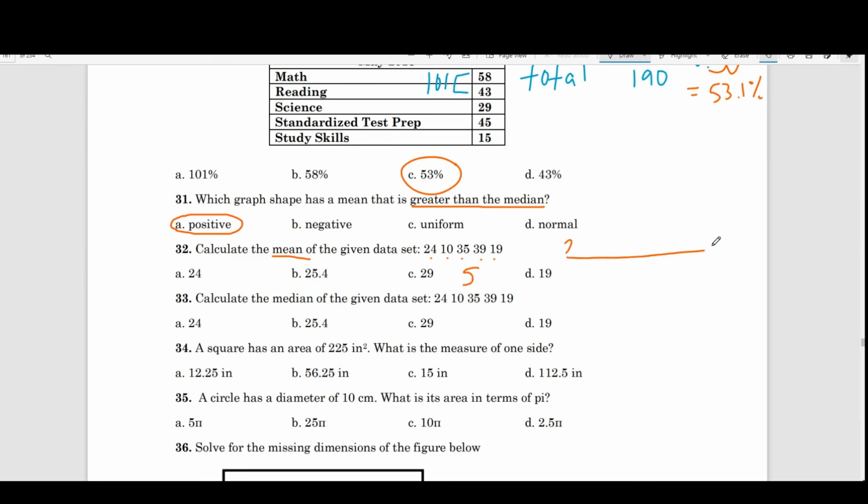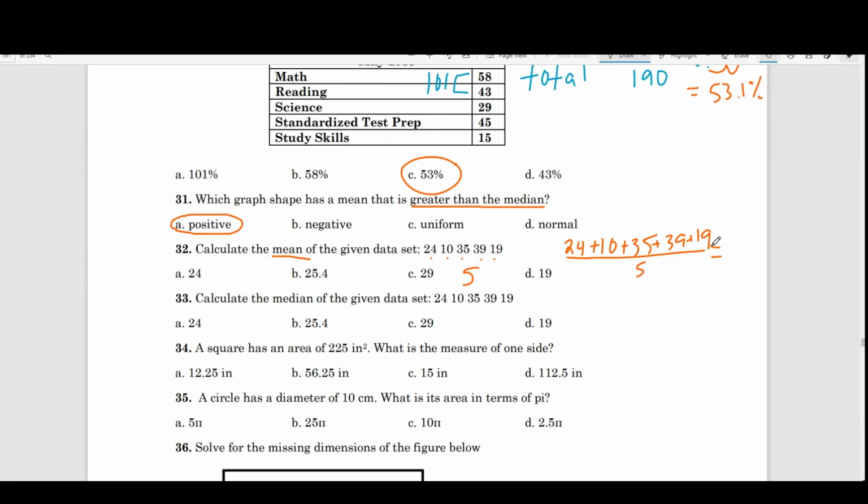So 24 plus 10 plus 35 plus 39 plus 19 divided by 5.